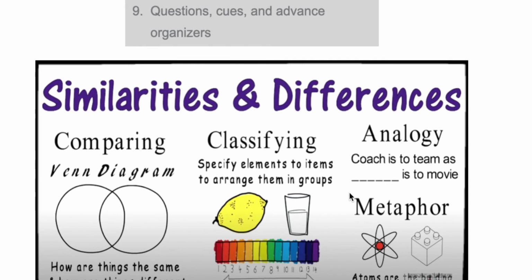Basically, we will be doing the Venn diagrams, which are important in comparison. We will also do classifying, analogy, and metaphor. So these 4 are the foundation in enhancing similarities and differences.